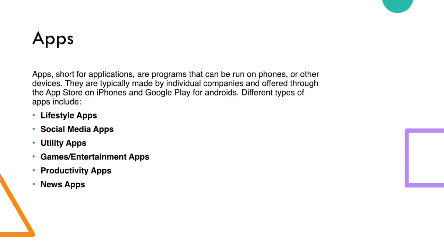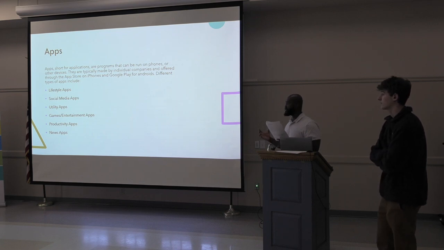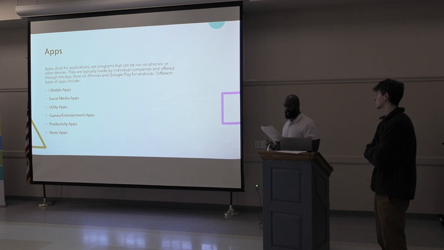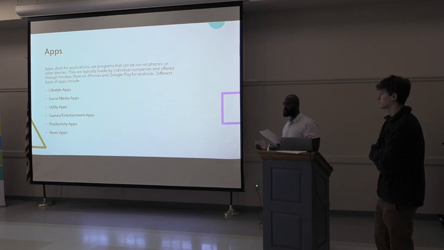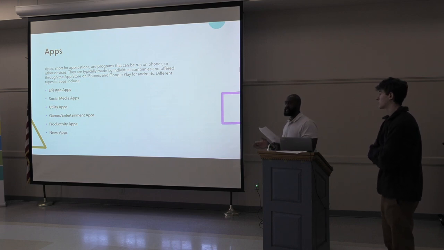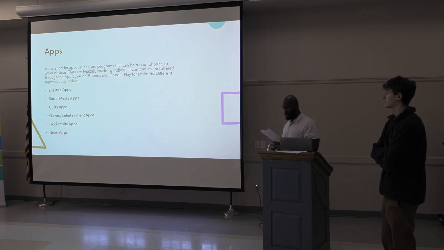These categories are interchangeable or can be combined. A lifestyle app may also include some productivity features as well as news features. They're not completely isolated in the categories they're in.